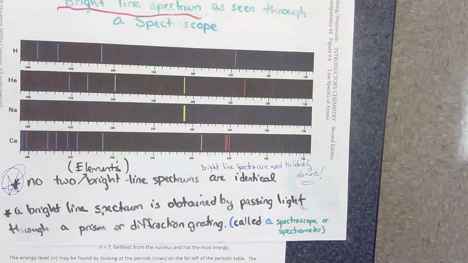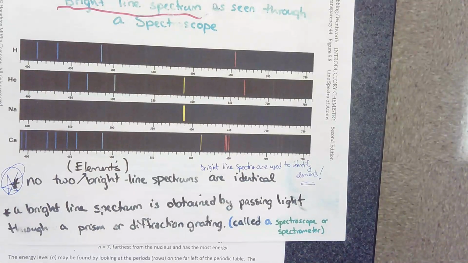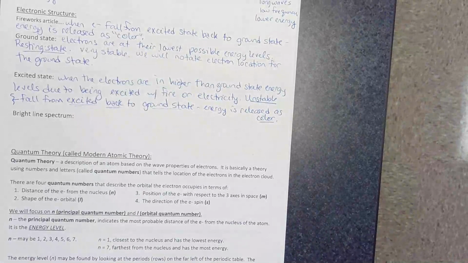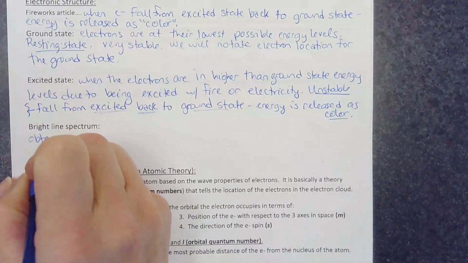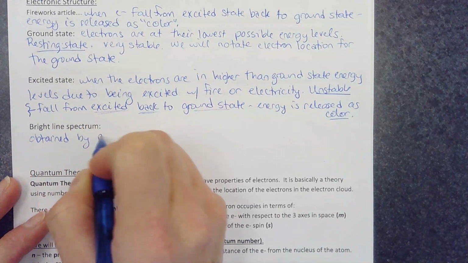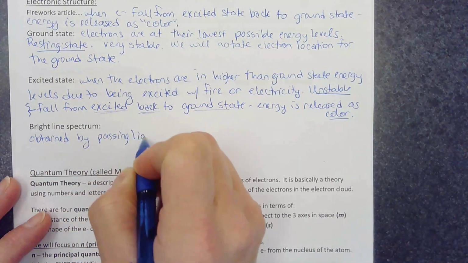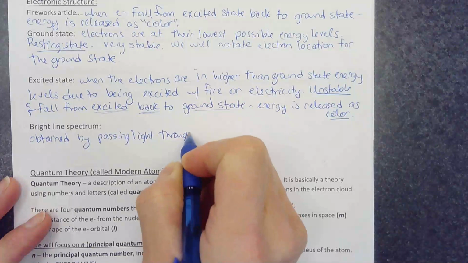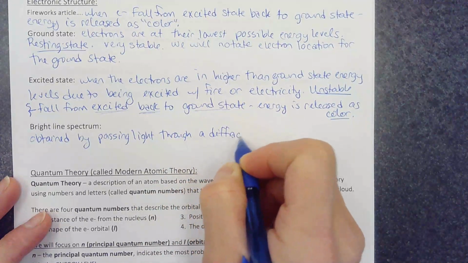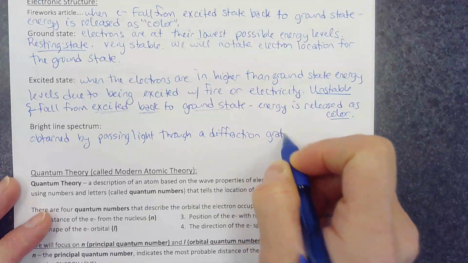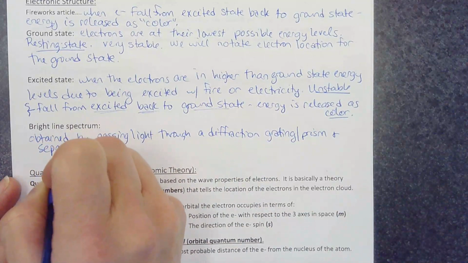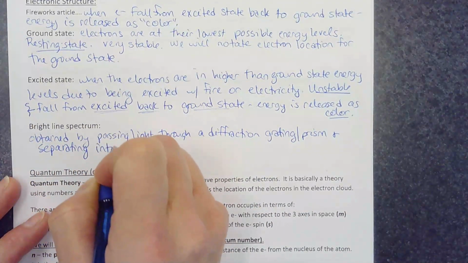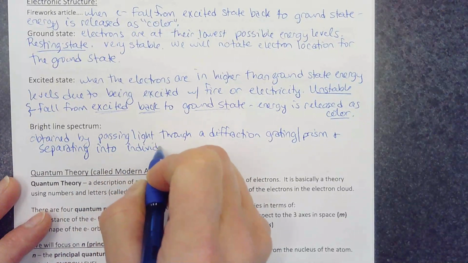So what can we use bright line spectrums for? To identify. We use them to identify. And so bright line spectrum, what are they? Bright line spectrum are obtained by passing light through a diffraction grating or prism and separating it into individual wavelengths.